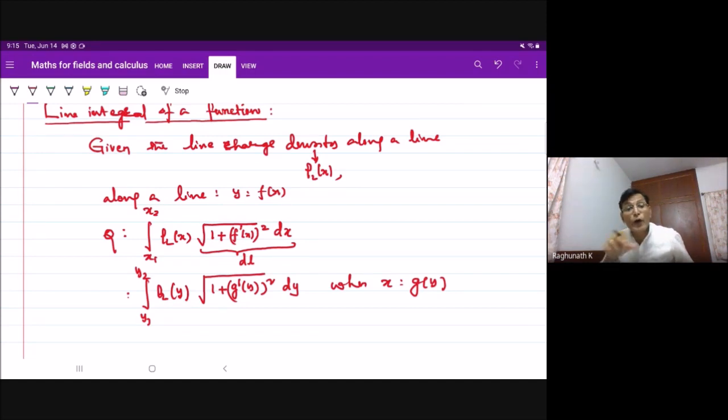I can always put rho L of x. In the place of x, I can put g of y. Correct? In the expression, wherever x was there in rho L of x, if you put g of y, it will become rho L of y.